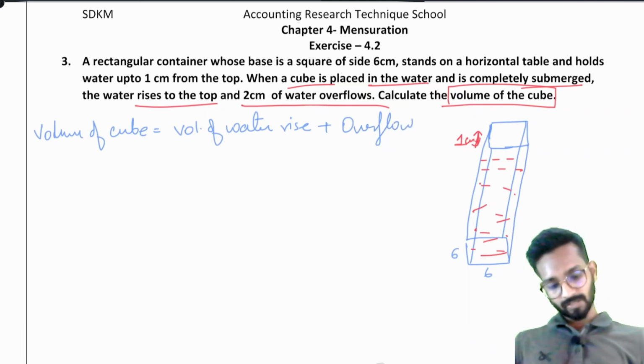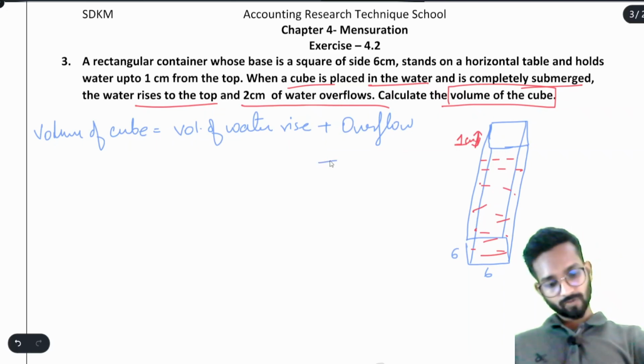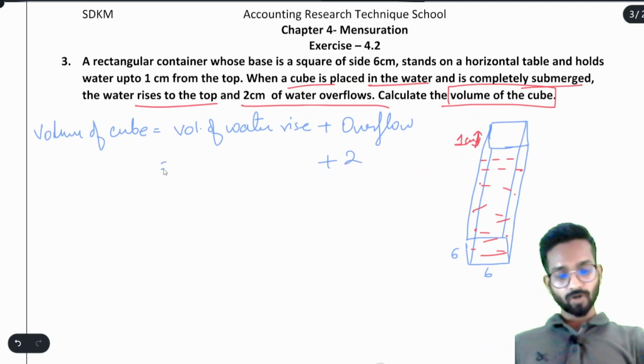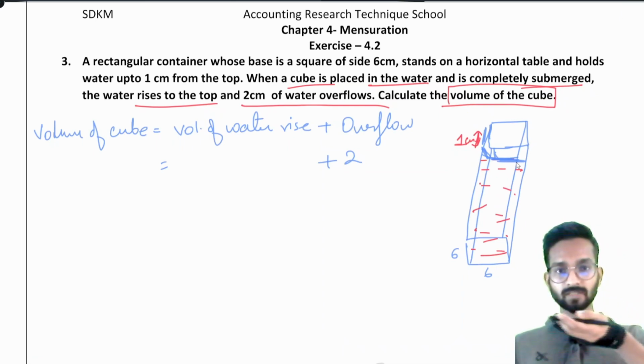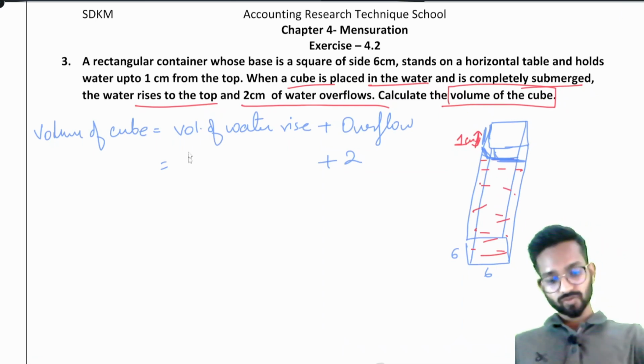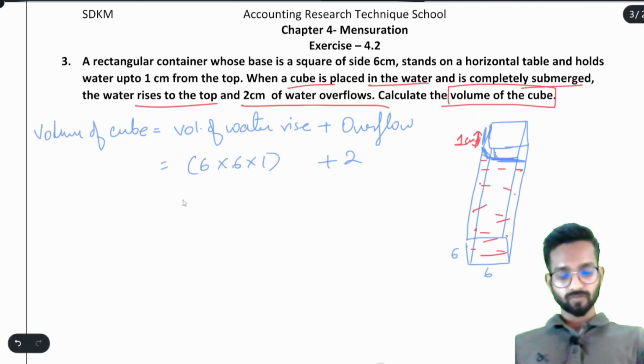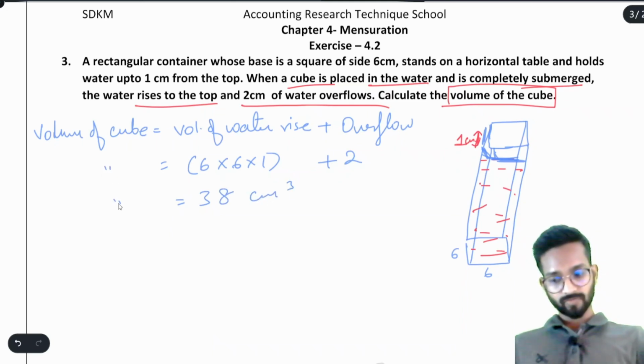Volume of water rise will be, you can understand that overflow was 2 centimeter, water rise was, this is the height 1, and length and breadth was 6 and 6. Please focus, length and breadth are 6 and 6. So water rising by that length, breadth and height, it is rising that much. So you can say length, breadth and height is the water rise plus overflow. So you can say 38 centimeter cube is your volume of cube.